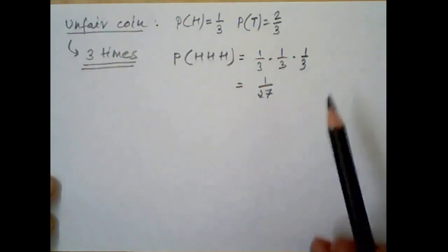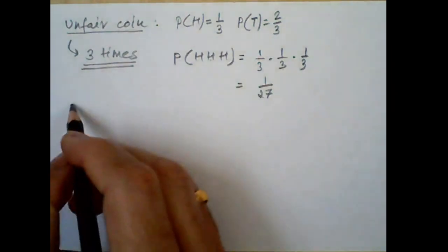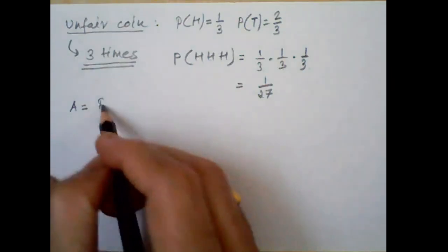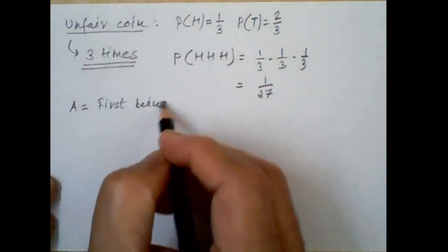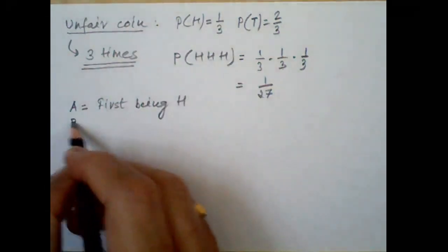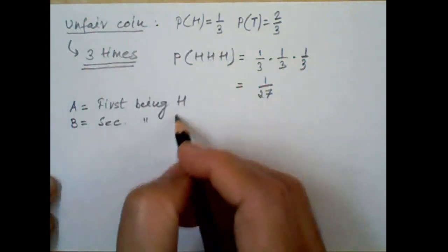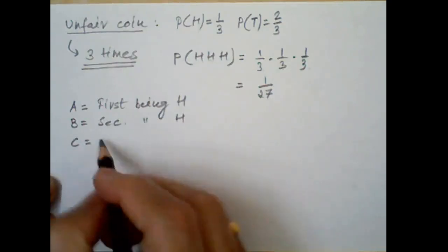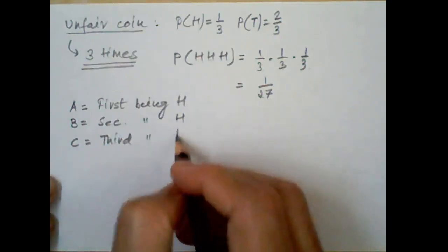In order to understand that, let us do something like this. Let us declare an event A, and we will define it as the first toss being heads. We'll define another event B, which is the second toss being heads, and another event C, which is defined as the third toss being heads.